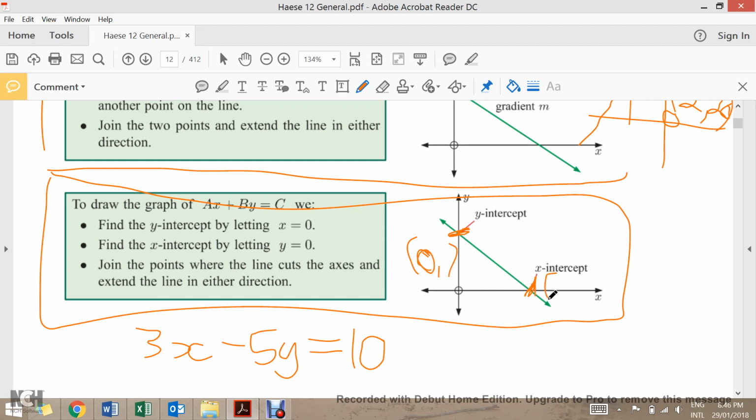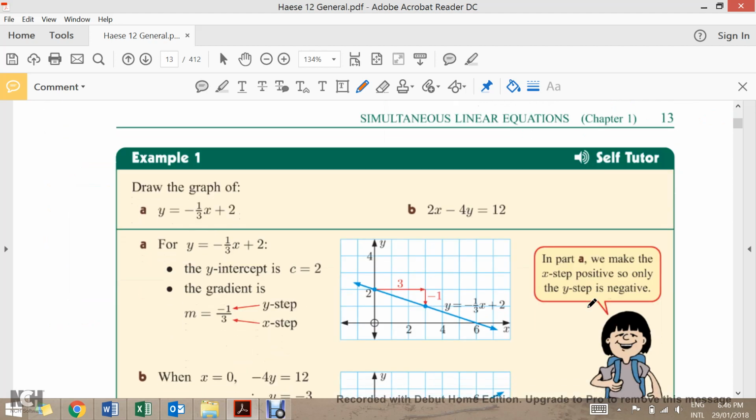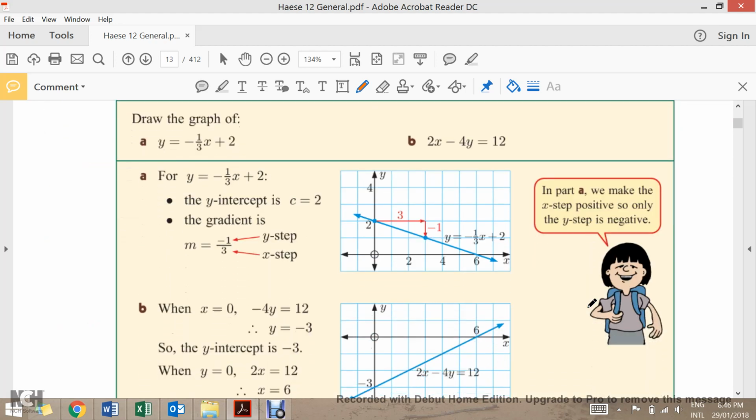And over at the x-intercept, you just do the opposite. You make y equals 0, and you find out what x is from that. So, for example, some x value and 0 for y. Here's an example of that here, of both of them.